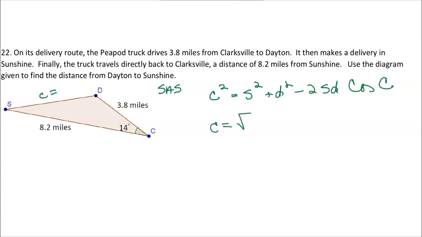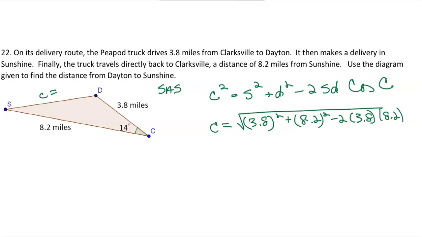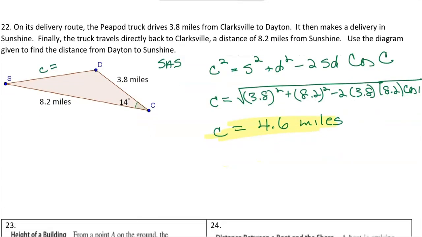Plugging things in, it's going to be 3.8 squared plus 8.2 squared minus 2 times 3.8 times 8.2 times the cosine of 14 degrees. That goes in my calculator, and I get c to be 4.6. They gave me units, so I give units back in my answer. 4.6 miles is the best answer.